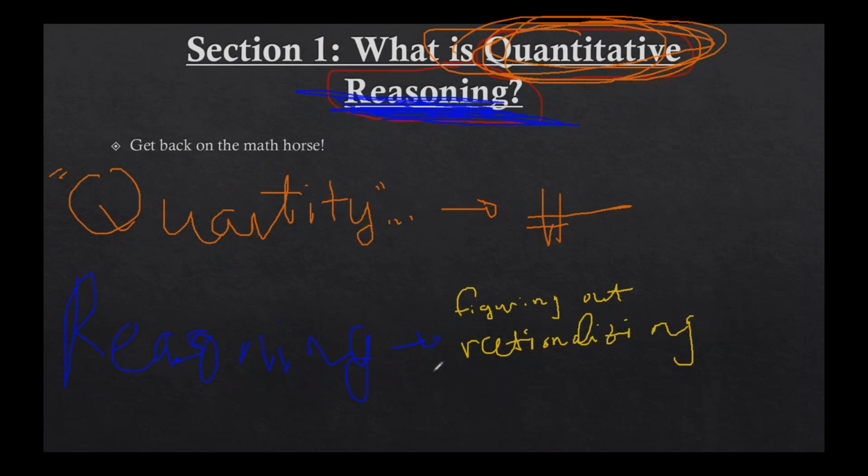Finding answers using numbers, Sarah, thank you. Yeah, all right, so we'll go with that. These are all good definitions of reasoning, and really we could add probably 25 more. But anything to do with reasoning is you're figuring something out, you're rationalizing, you're finding an answer.